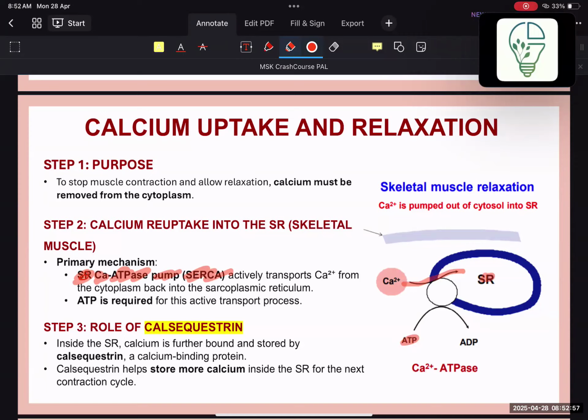So just remember that for this process, you need ATP. What happens inside the sarcoplasmic reticulum is that you will have a protein called calsequestrin, which will further bind the calcium. So inside the sarcoplasmic reticulum, you have calsequestrin, which will just store more calcium and keep things organized and just help the sarcoplasmic reticulum maintain such a high amount of calcium.